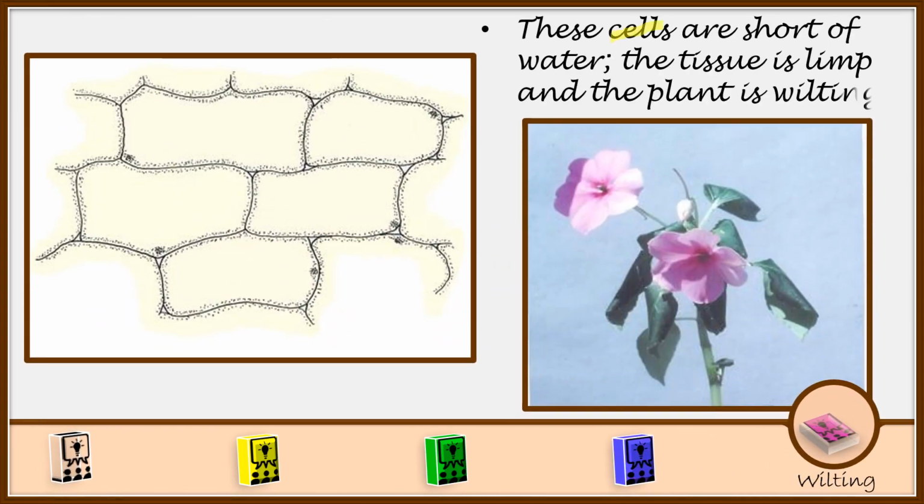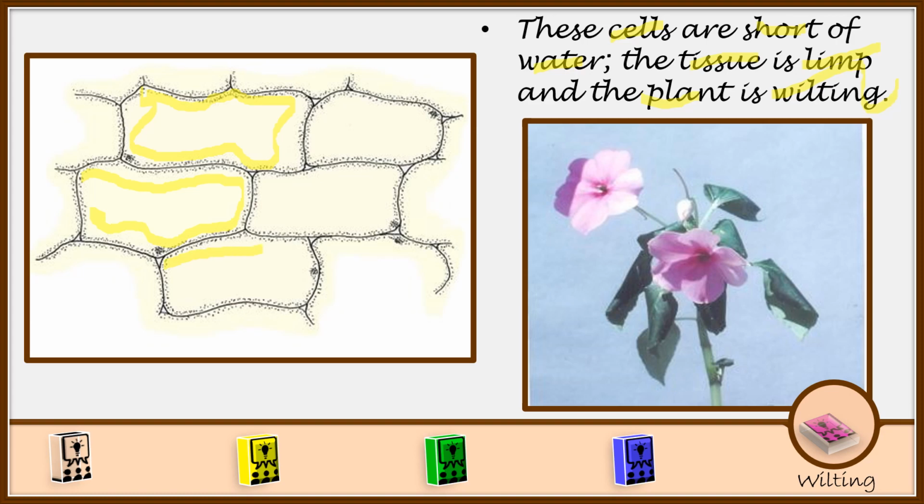These cells are short of water and the tissue is limp and the plant is wilting. So when you look at these cells, you can see them becoming limp, meaning that they have less water. If they had a lot of water, they would be turgid.